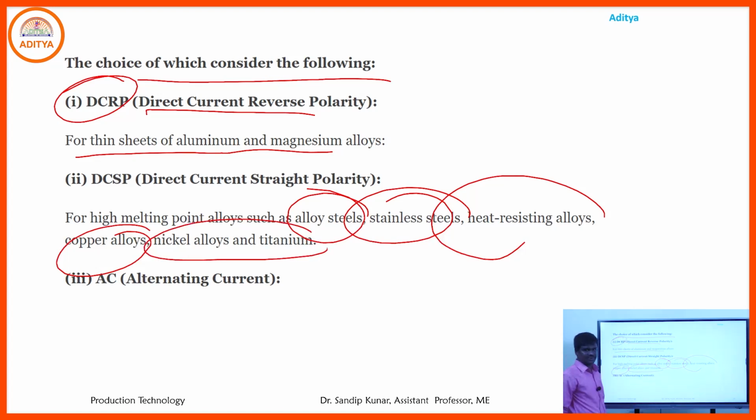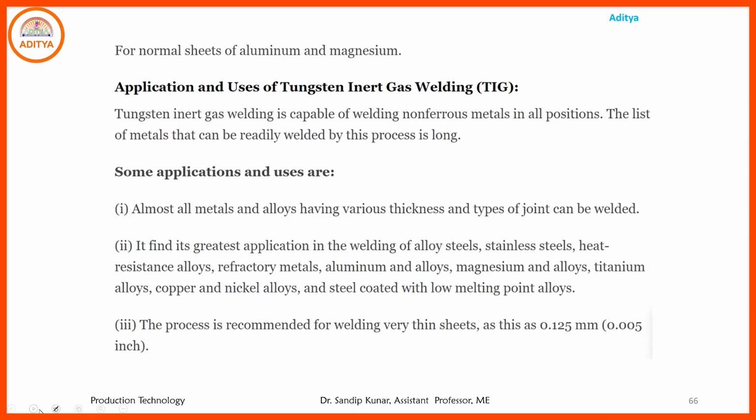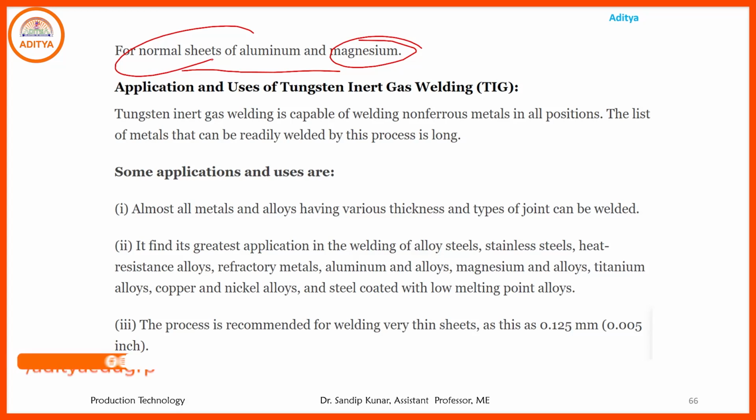In case of alternating current, we generally use normal sheets of aluminium and magnesium. Tungsten inert gas welding is used for welding non-ferrous metals in all positions, in any type of non-ferrous material.